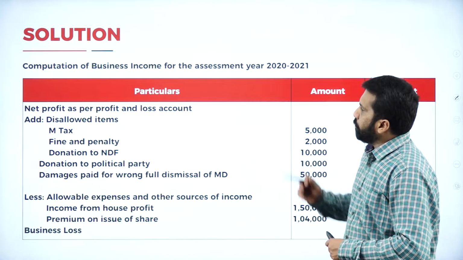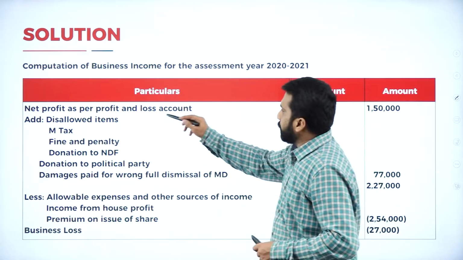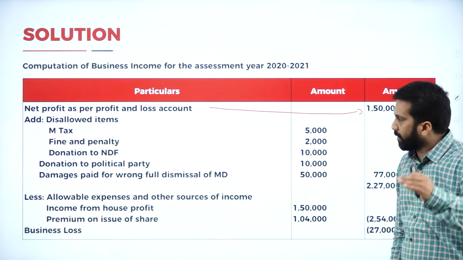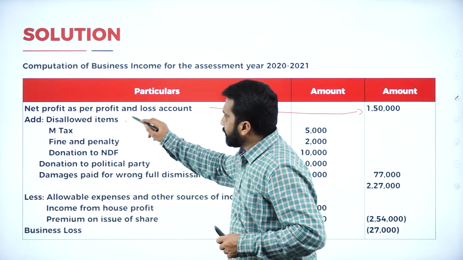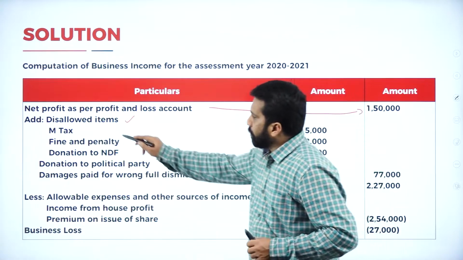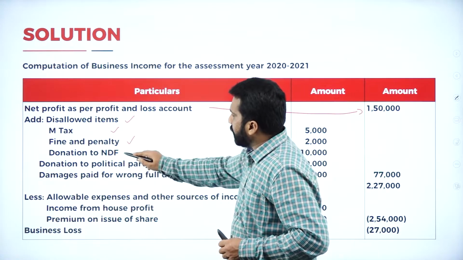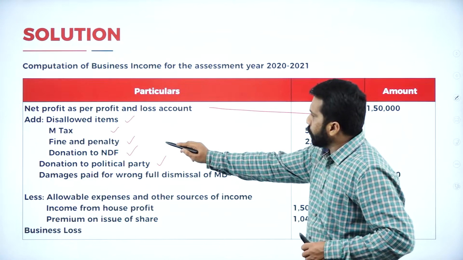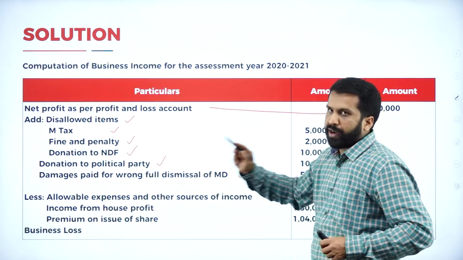Now, first what you are supposed to do: net profit as per profit and loss account 1,50,000. Later, add disallowed items. Which are those? Municipal tax, fine and penalty, donation, political party, damages. 1, 2, 3, 4, 5.